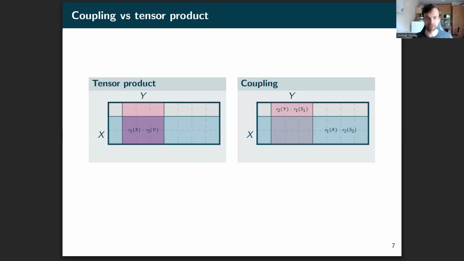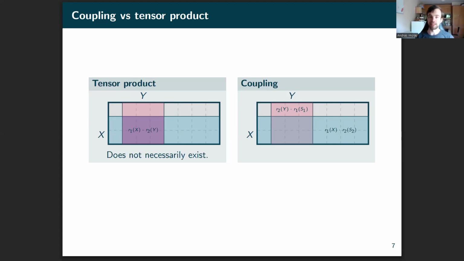Okay, so back to couplings. As we have seen, the definition of tensor product and coupling is really different. So we prescribe the rank on some rectangles, but tensor product is stronger because there we prescribe it for all these rectangles, and for couplings we only prescribe it on these full rectangles that have one side equal to the whole ground set.